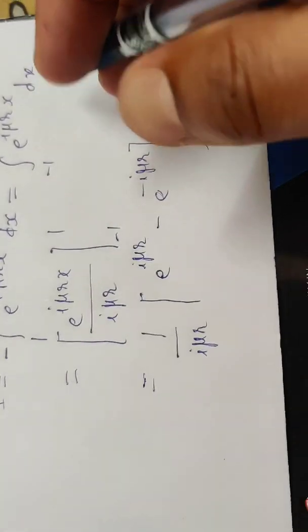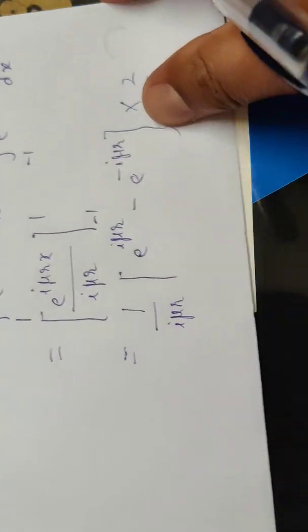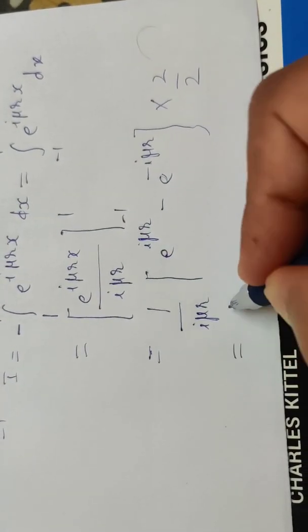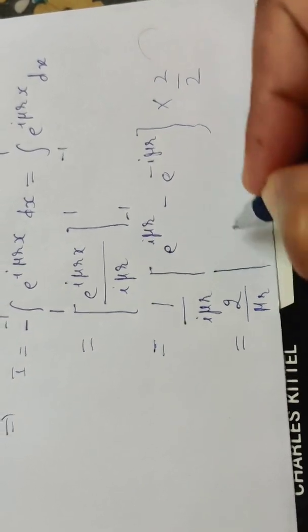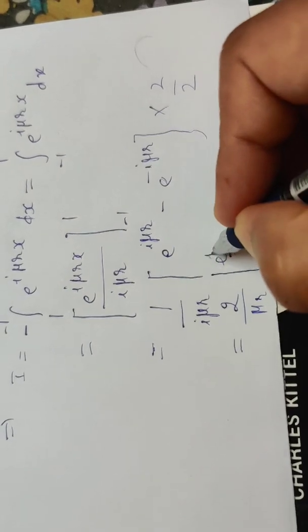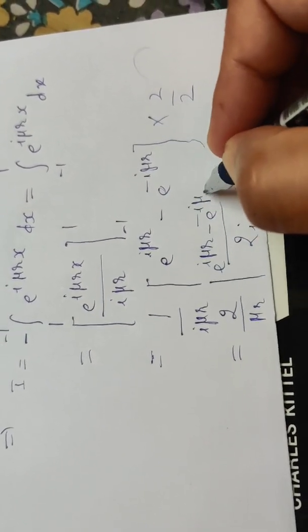So now in the next step, multiply and divide by 2. So this will become 2 iota mu r in the denominator, and e raised to iota mu r minus e raised to minus iota mu r in the numerator.